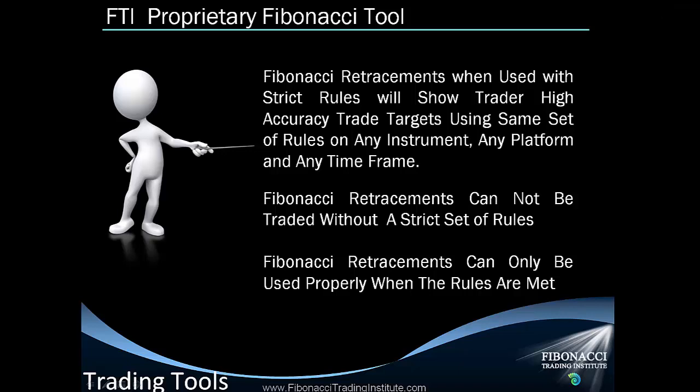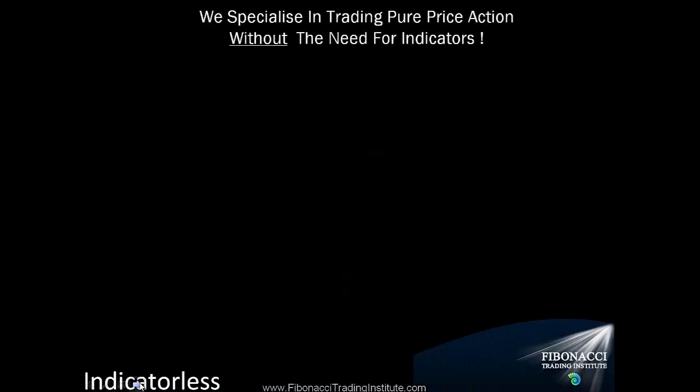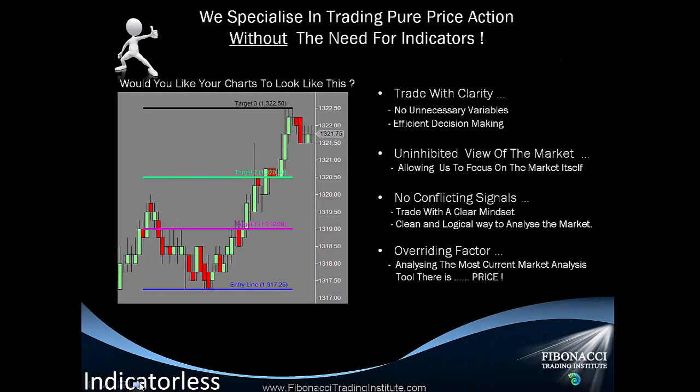And if you invest your time into knowledge of the markets, not into knowledge of indicators, you'll be amazed how much you can learn. Fibonacci retracements cannot be traded without a strict set of rules. Fibonacci retracements can only be used properly when rules are met. And that remains the key.